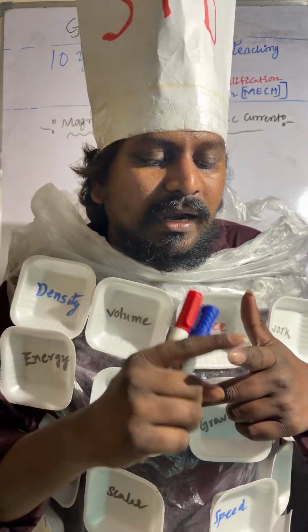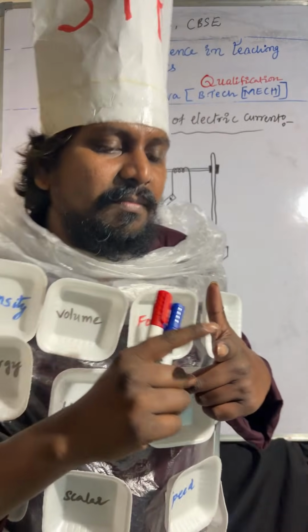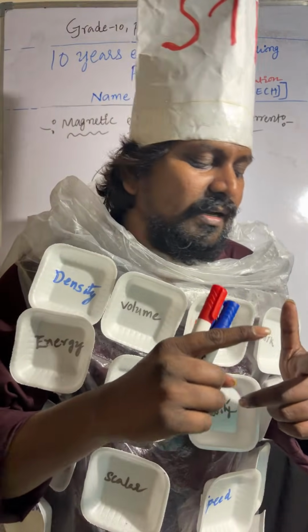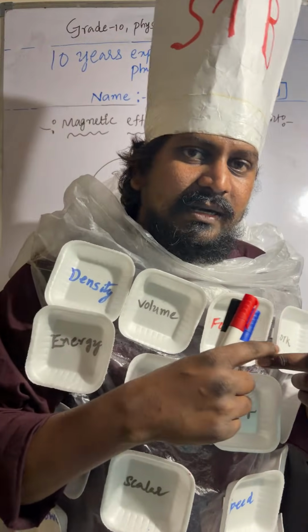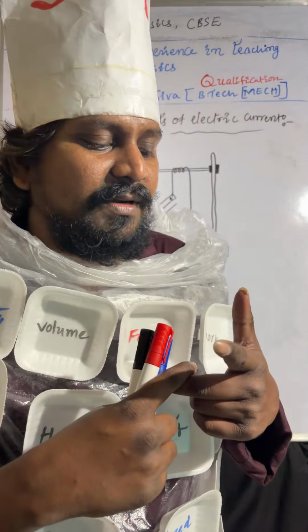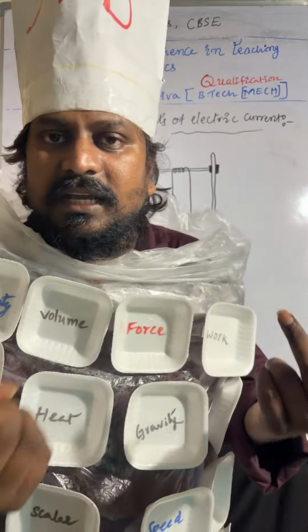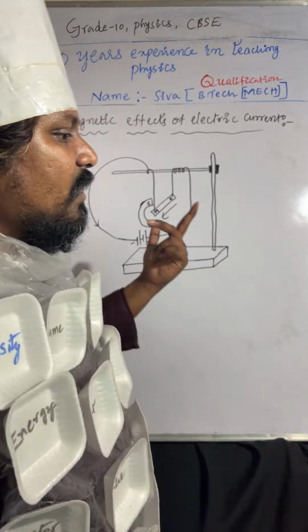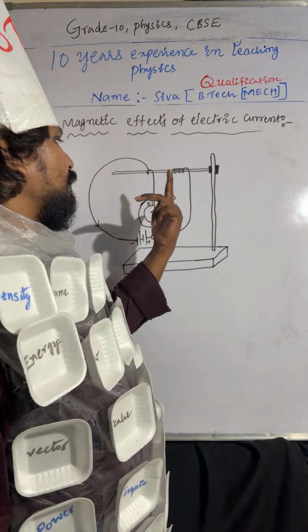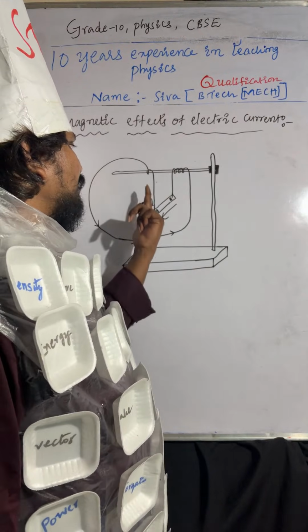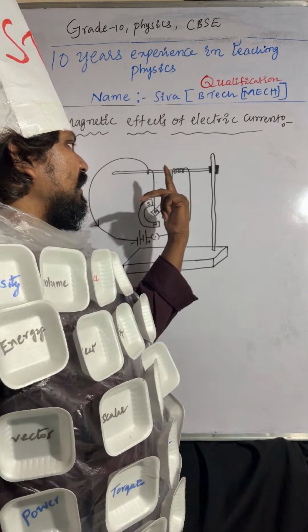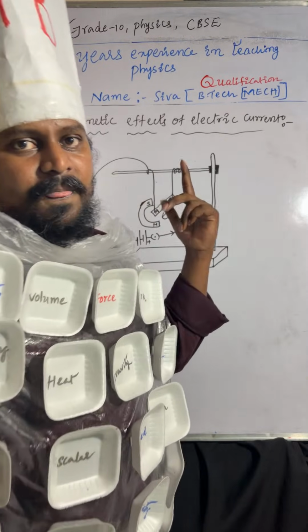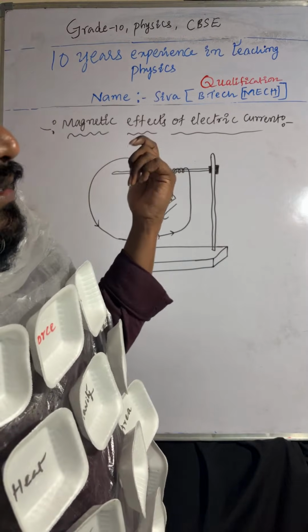Along the direction of the magnetic field you place the index finger, along the current direction you place the middle finger, and the thumb shows the force acting on the conductor. If you place it like this, the magnetic field will be upward and the current into the board, and the force will act on the conductor.